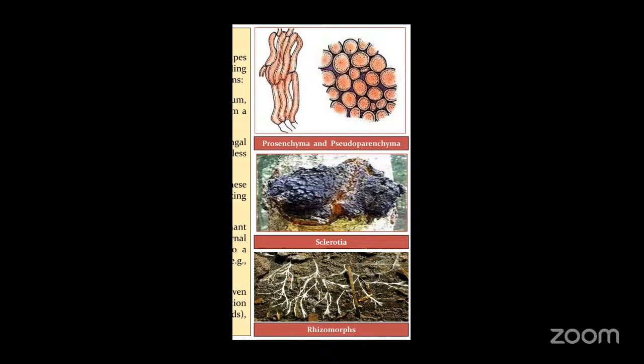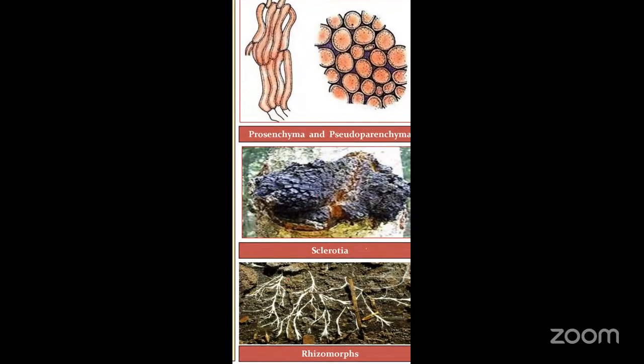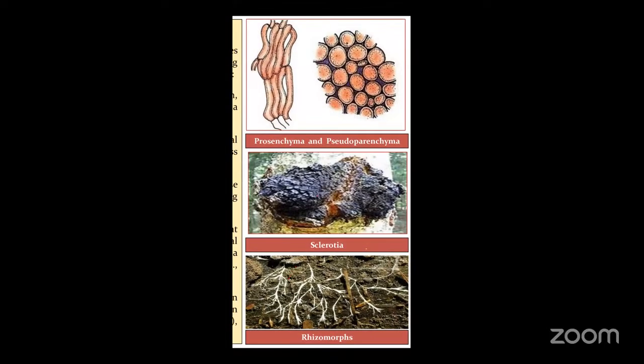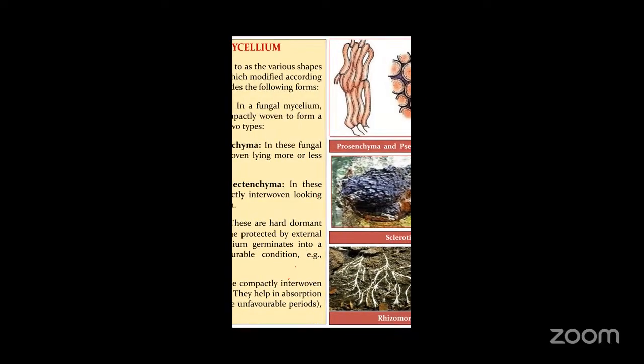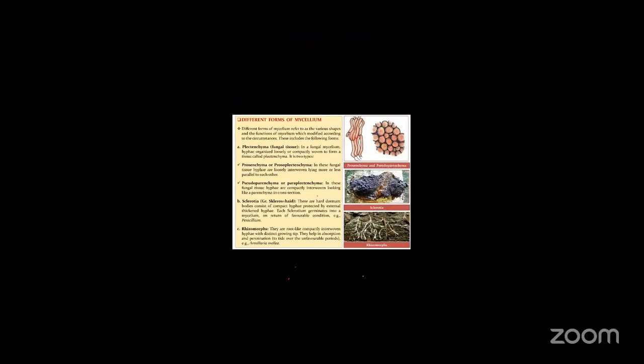And sclerotia are protected by externally thickened hyphae. Each sclerotium germinates into a mycelium on the return of favorable conditions. Example: Penicillium, where we can see these sclerotia.